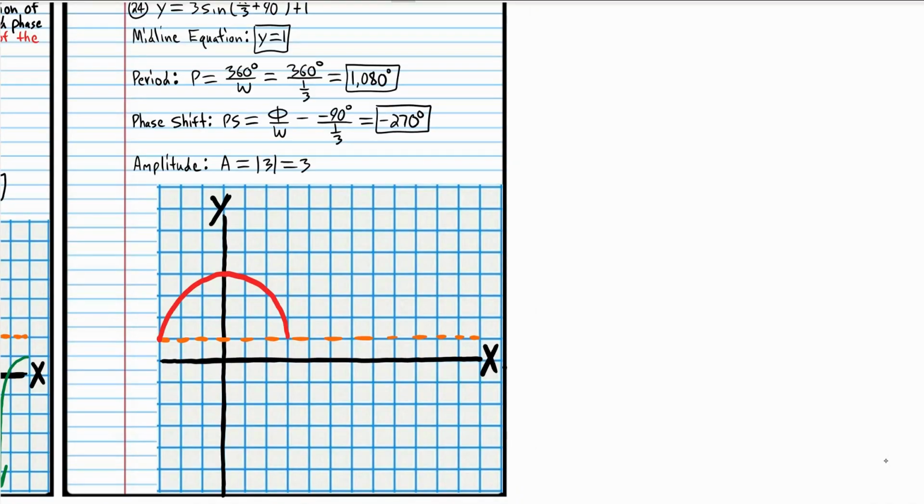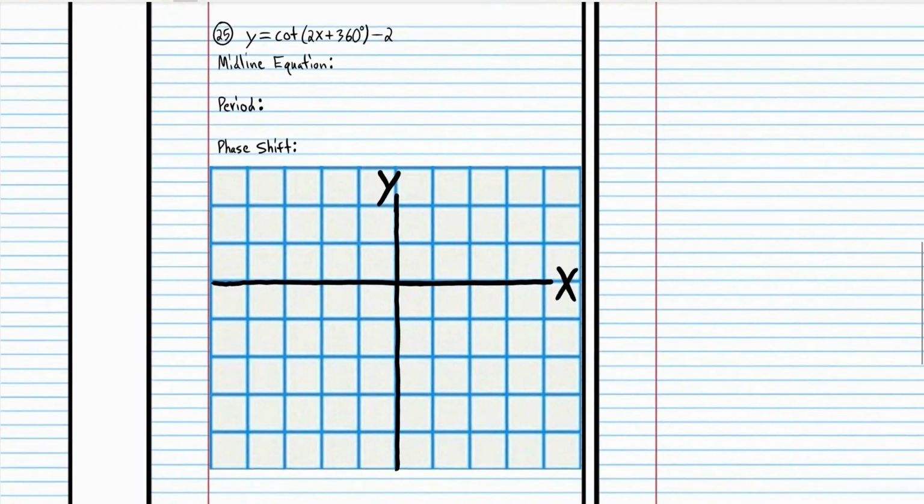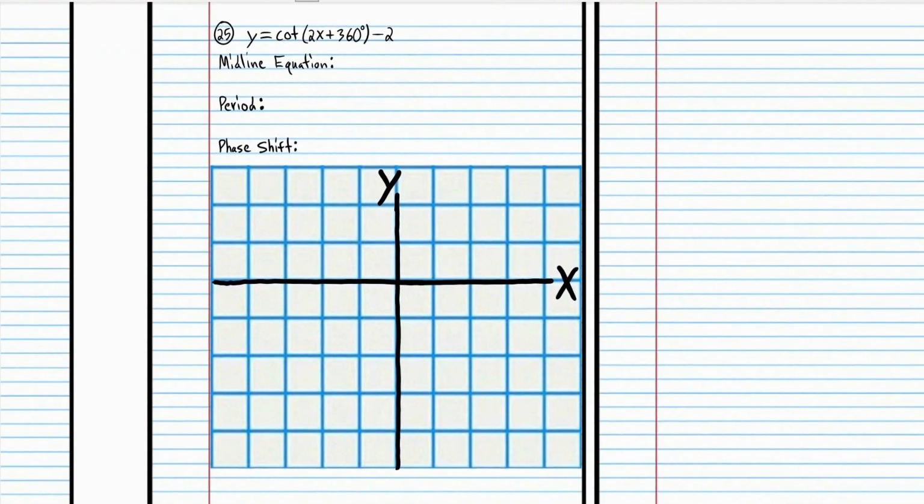And then we're going to go down to here. And then back up to here. And we really don't have to graph anymore. We can if we want to. So if you got that right, good. Okay, on to the next problem. Try number 25. When you come back, we'll do it together.